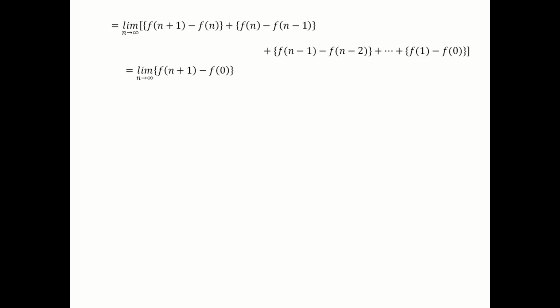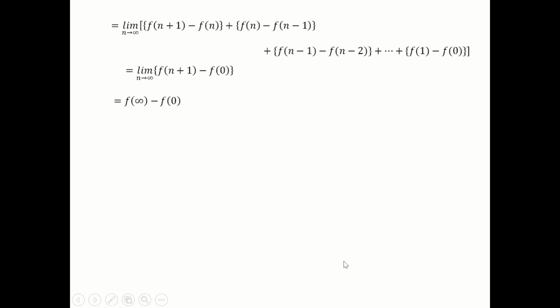So in the first bracket you have minus f of n, and in the second bracket you have plus f of n, so they cancel. Similarly, the second bracket has minus f of n minus 1, and in the third bracket the plus f of n minus 1 cancels it. Similarly, all the terms cancel, so the remaining last term is minus f of 0. Therefore, as n tends to infinity, f of n plus 1 becomes f of infinity minus f of 0.